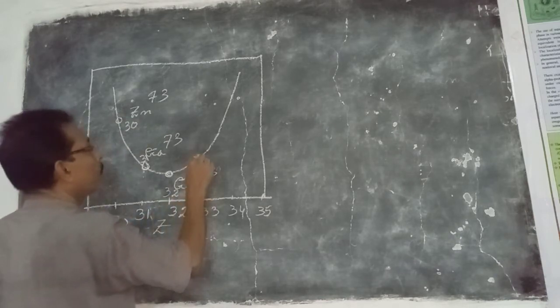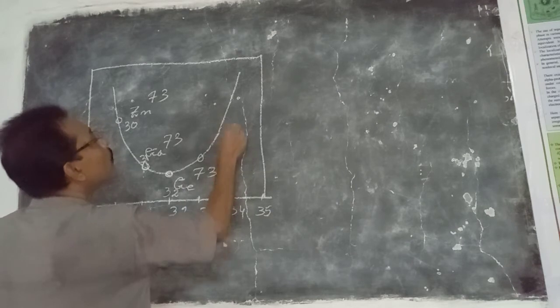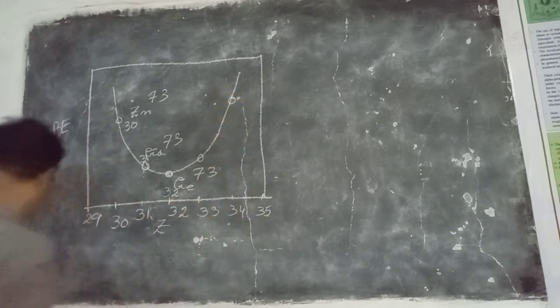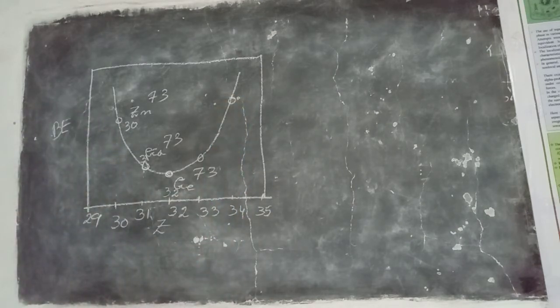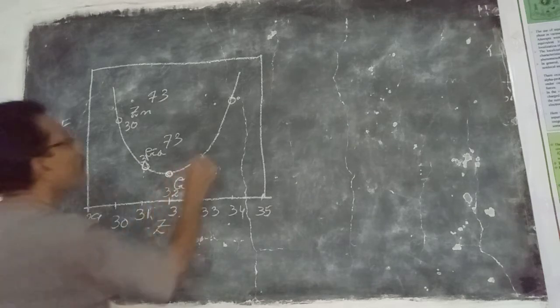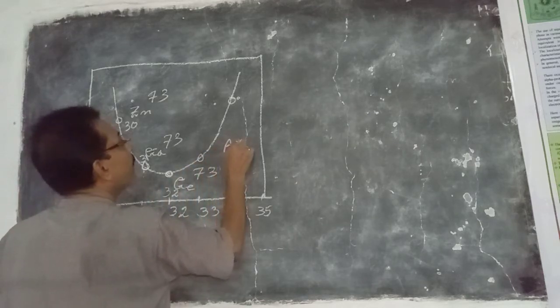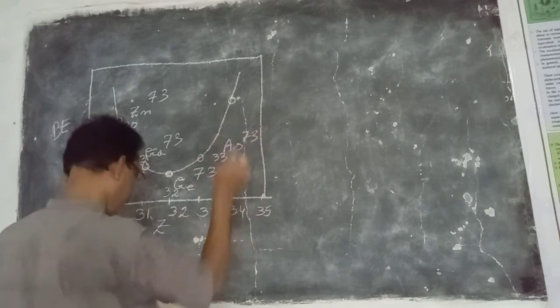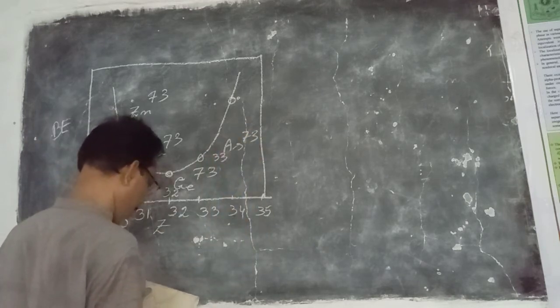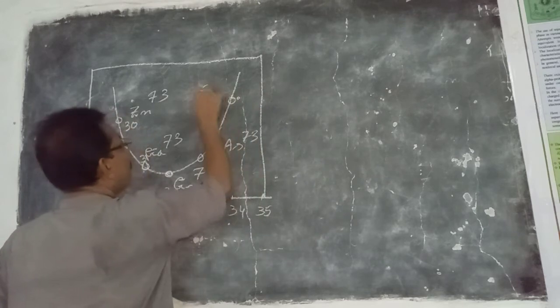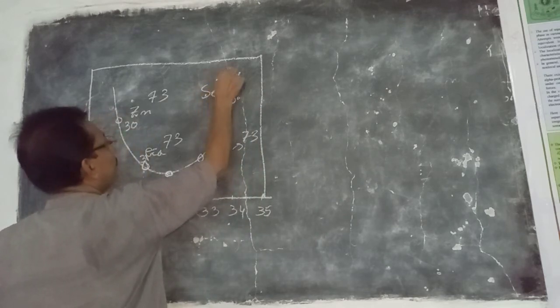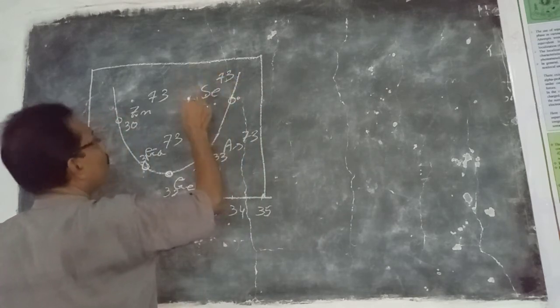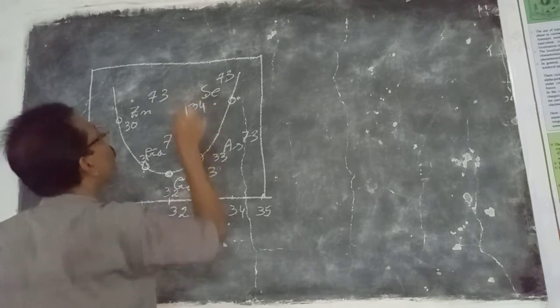Then here arsenic 73, Z 33, and here selenium 73, Z 34.